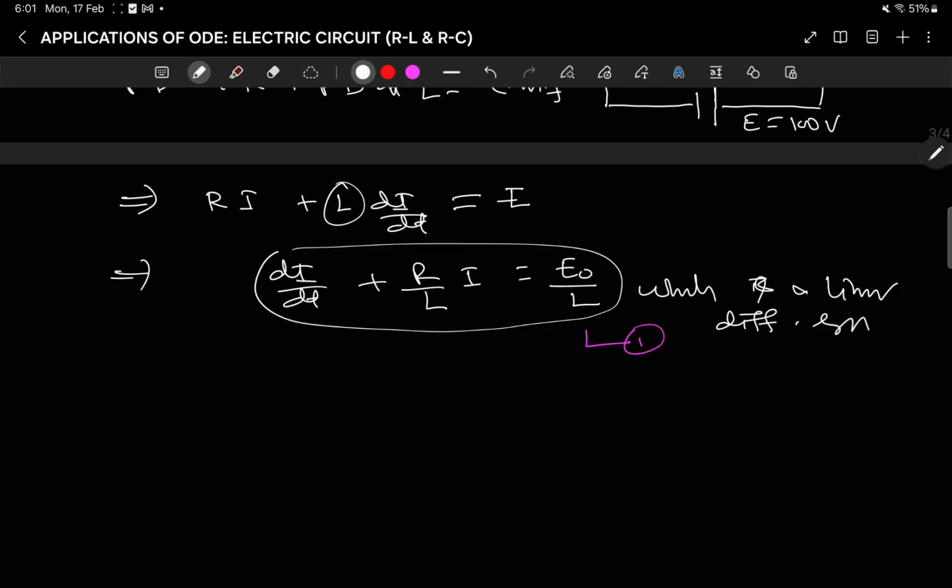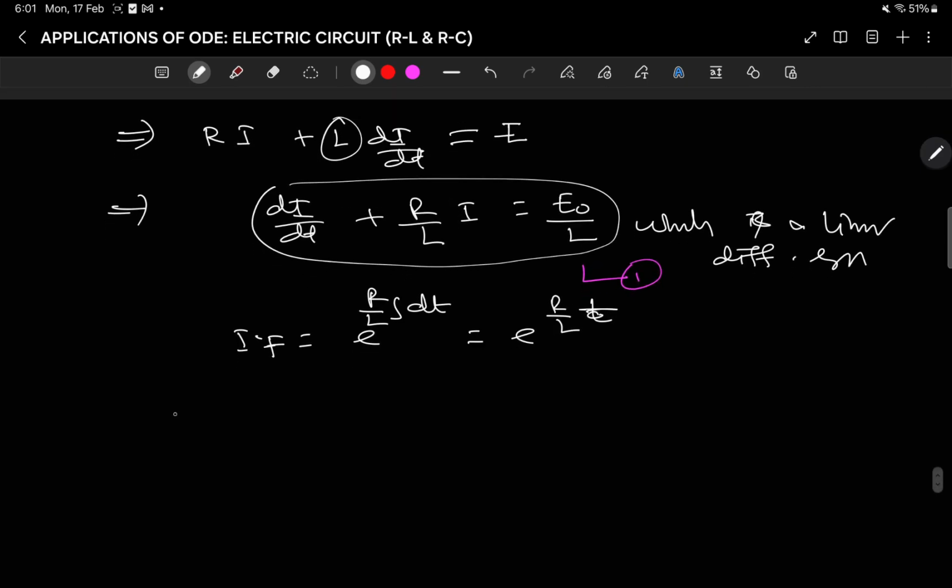So now I solve it. The integrating factor is e to the power integral R by L dt, which is e to the power R by L t.